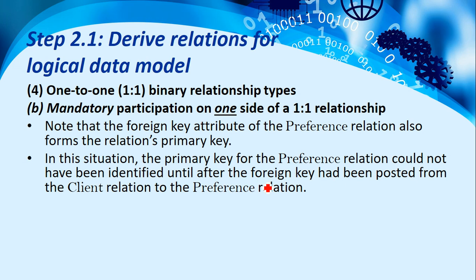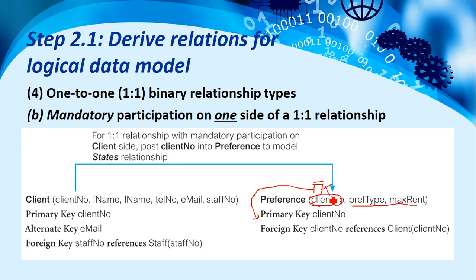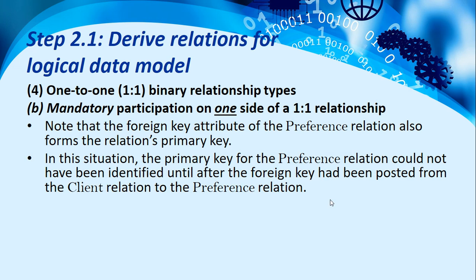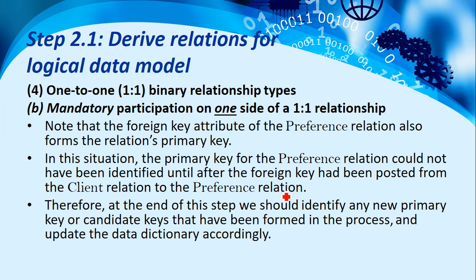Yung referring to yung foreign key natin, we are referring to the client number, no? Until after the client number, the foreign key, has been posted from the client relation to the preference relation. Yun. So therefore, at the end of this step, we should identify any new primary key or candidate keys that have been formed in the process and update the data dictionary accordingly.